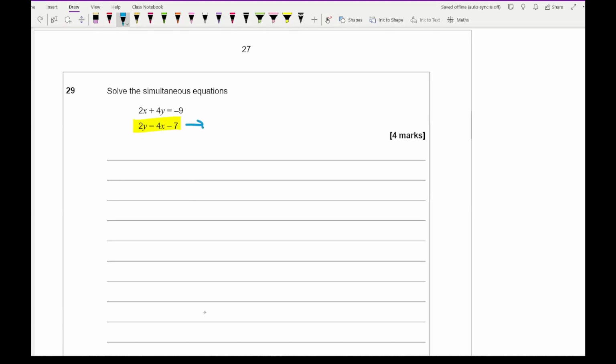So let's start by rewriting this, so we can write it as minus 4x plus 2y equals minus 7. Then if I write the first equation, that's 2x plus 4y equals minus 9. You can see there I haven't got the same number of x's and I haven't got the same number of y's.